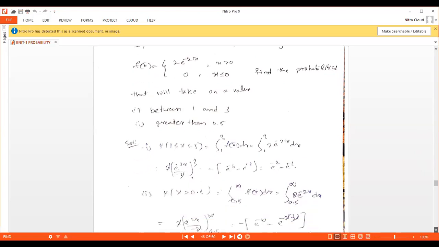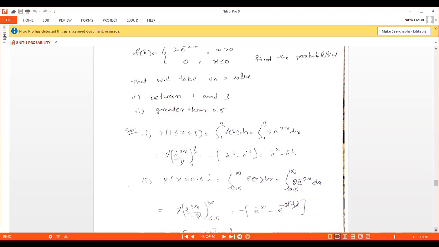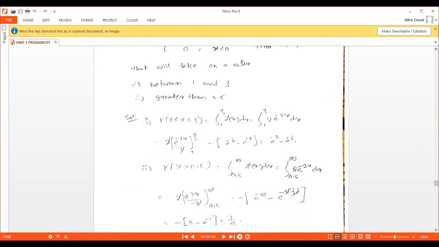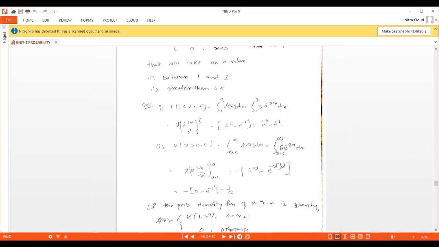That is probability of x which lies between 1 and 3. So your integration is from 1 to 3, functional value is 2 e power minus 2x because it is defined for positive values between 1 and 3. Now integrate the functional value.